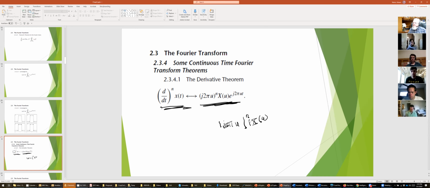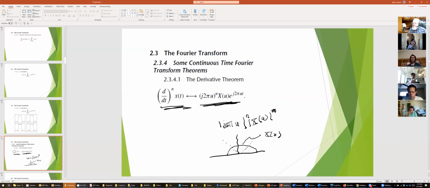Let's look at this. This is a very interesting result. We're just going to look at the magnitude of that. And the magnitude of the Fourier transform, we said before, was as follows. If we had a signal which is X(u), and we multiplied by (j2πu)^n, it's multiplying by some sort of parabolic sort of thing.